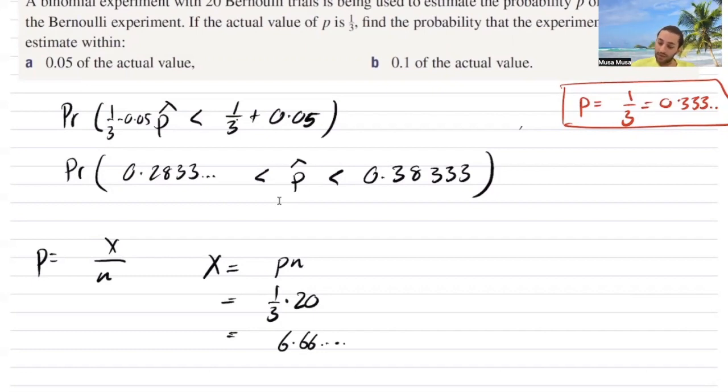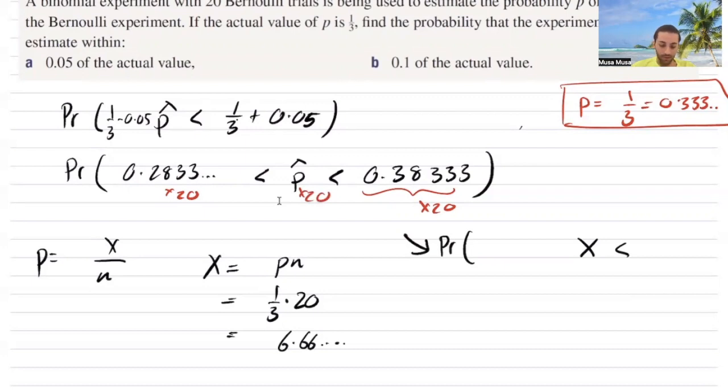So if this is going to be the case, let's find what these bounds would be in terms of X values. Again, we're just going to do whatever this P hat is times 20. So we're going to convert this from being a proportion question to being a binomial question with just normal binomials and an X. Actually, I should multiply that by 20 as well.